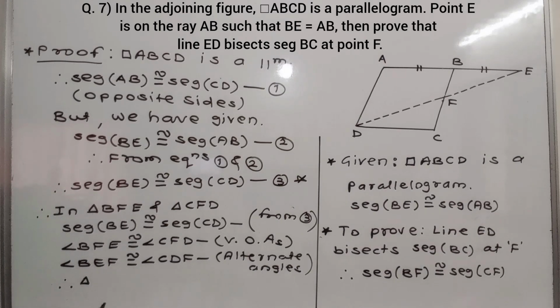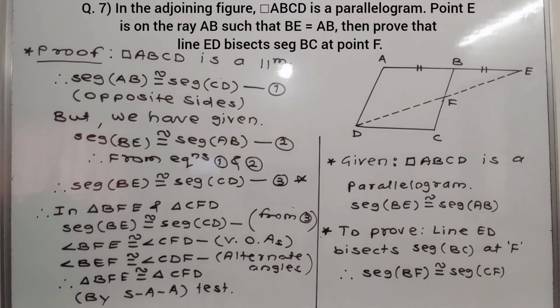Therefore, triangle BFE is congruent to triangle CFD by SAA case. These two triangles are congruent. If any two triangles are congruent by any test, then the remaining corresponding parts are congruent.